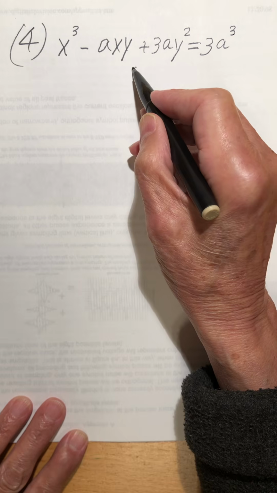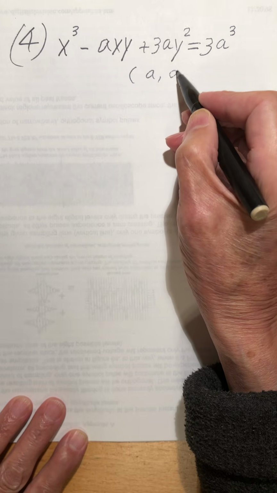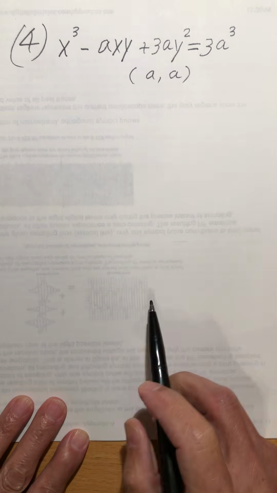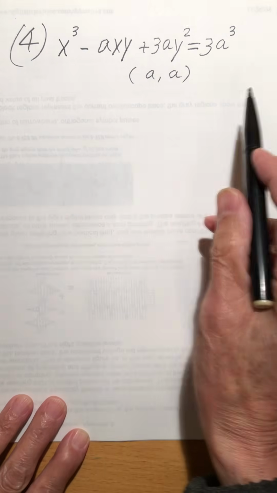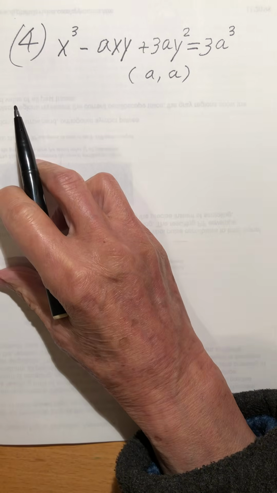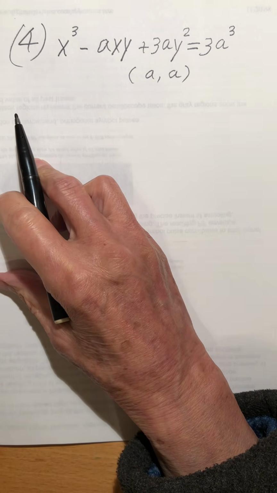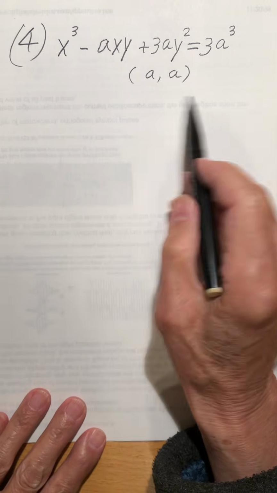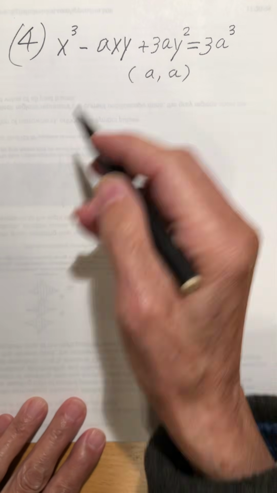And the point is, this is the given point, and you want the derivative at this point. Actually, the question says you want the slope of the tangent, but that is exactly the derivative at this point. So, as before, we do that.